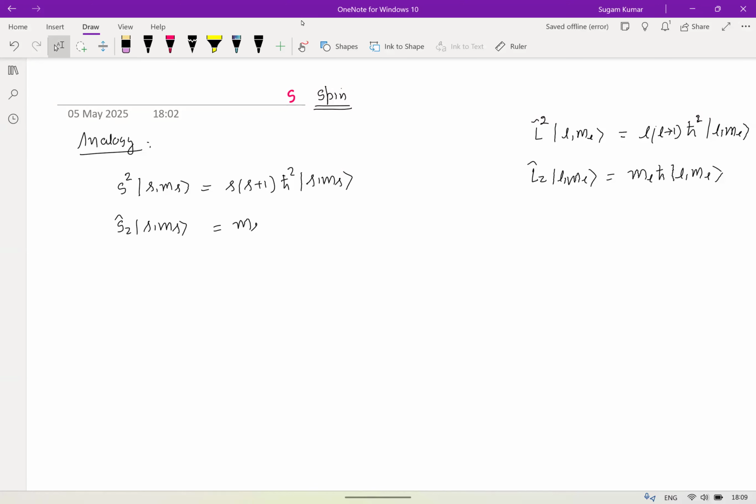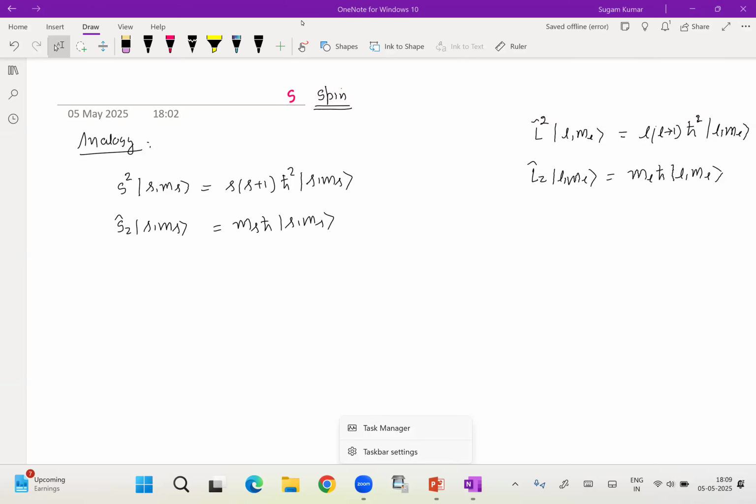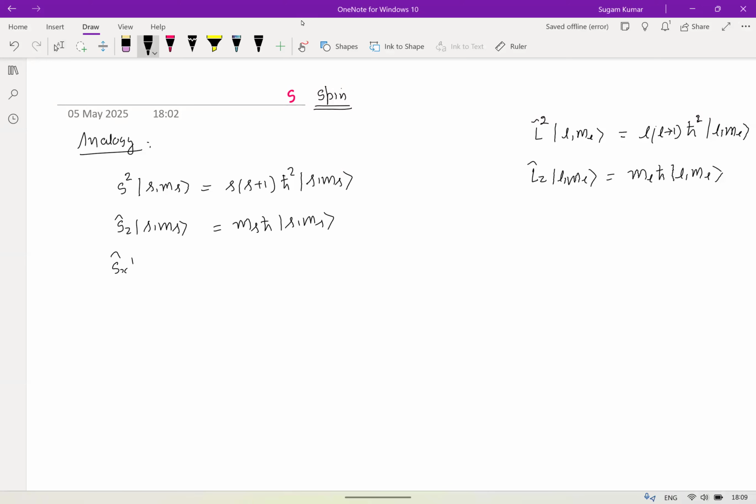That is going to be m_s ħ. And then define the other two components, for example, Sx and Sy.